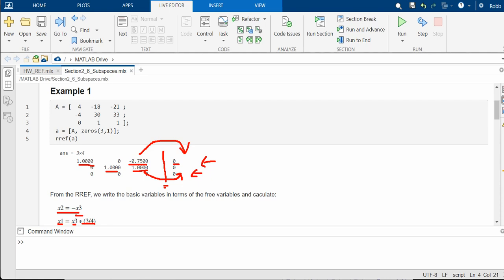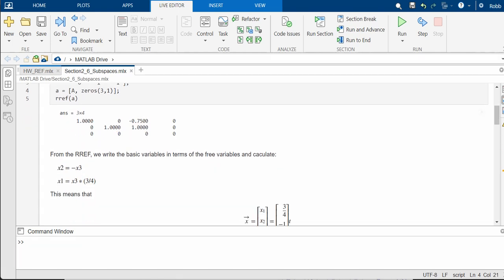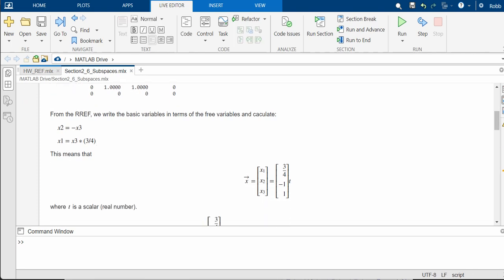Okay, so what's going on here? Well, let's get rid of the ink and scroll up just a bit. We're going to take these equations for x1 and x2, and we're going to turn them into vector form. When we go from these equations, we know that x sub 2 should equal negative x sub 3.